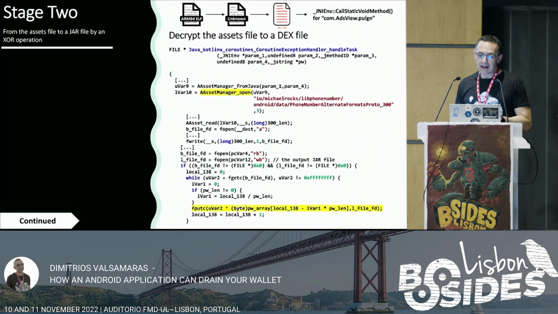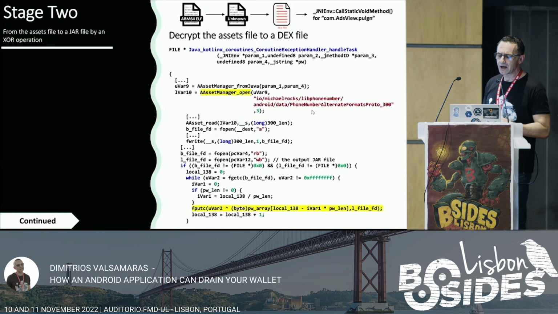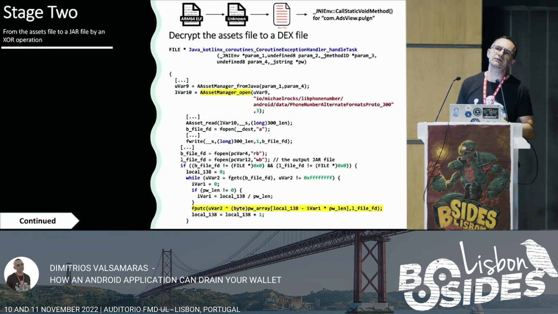So when everything is set and all these strings are decrypted, the malware will check for another asset file. This asset file is this one here, which this time ends with 300. This asset file turns out to be decrypted and turned into a DEX file. It will XOR this file with a key which is sent from the Java side.